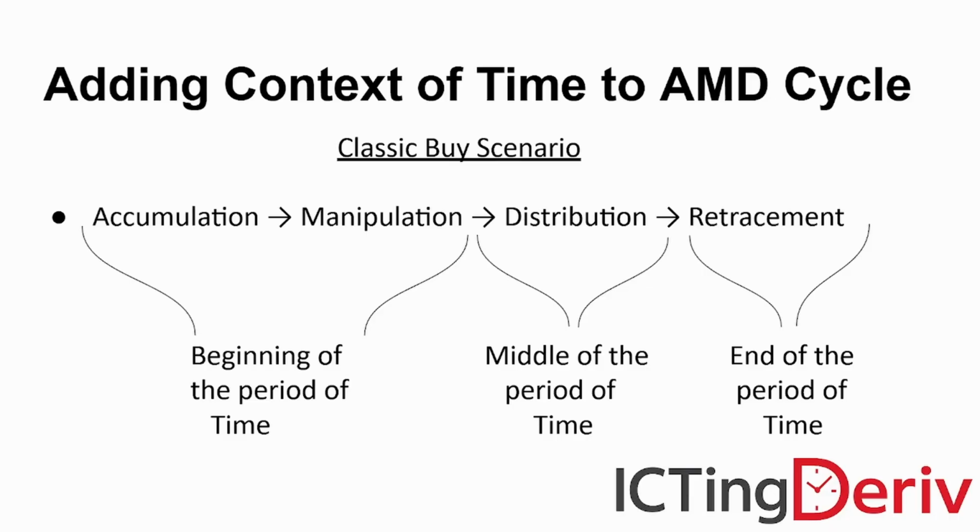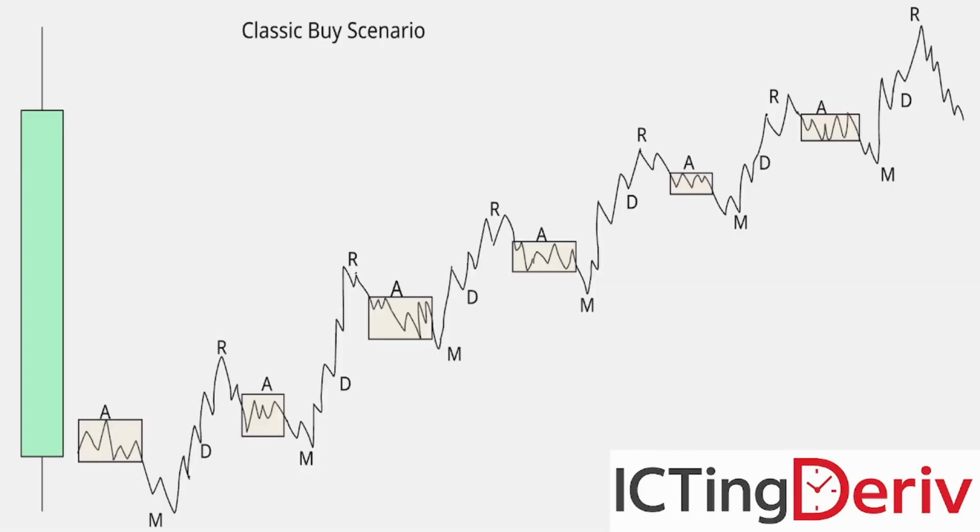So I'm just gonna give you the very simple version of this so that you can begin to see the time and these stages within the formation of the candlestick. This is just a visual representation of what I mean.